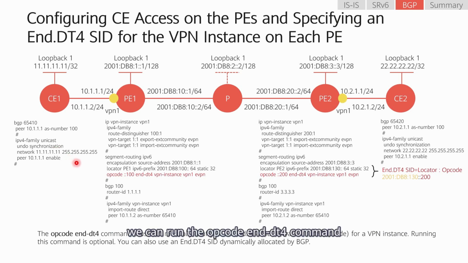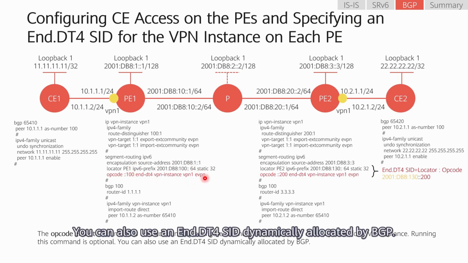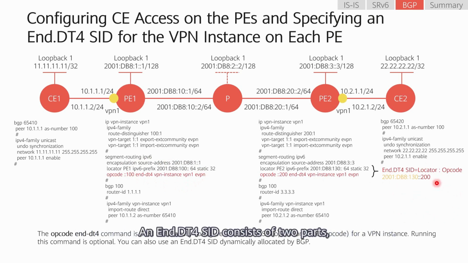After that, we can run the opcode END.DT4 command to configure an END.DT4 SID for the specified VPN instance. This operation is optional. You can also use an END.DT4 SID dynamically allocated by BGP. An END.DT4 SID consists of two parts, that is, locator and opcode, which together form a SID in the IPv6 address format.